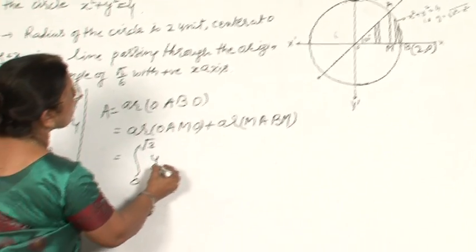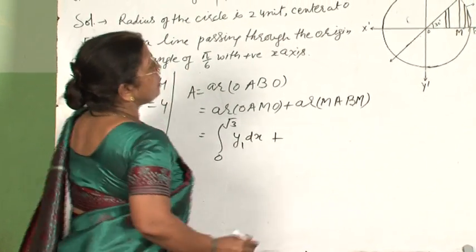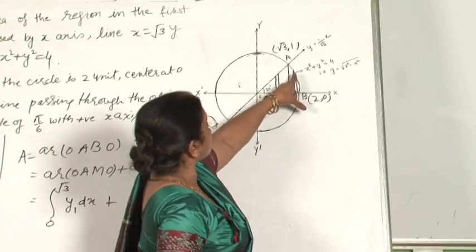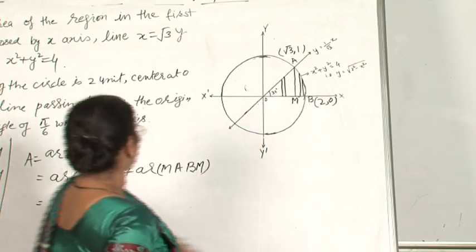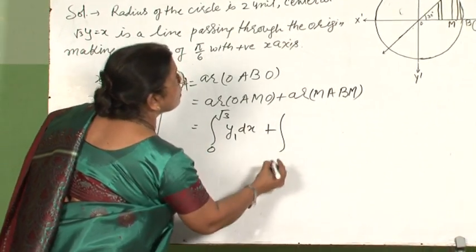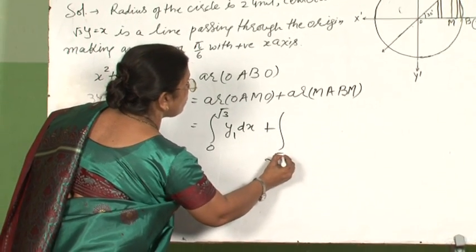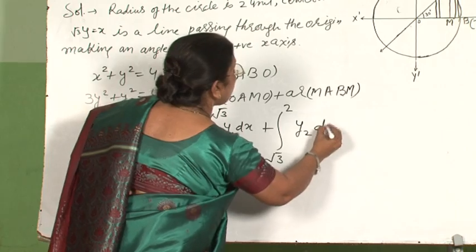Let us write this: integral of y1 dx, plus, since the upper end of the second strip lies on the circle, we have to take the value of y from the circle. Let us write here from root 3 to 2, y2 dx.